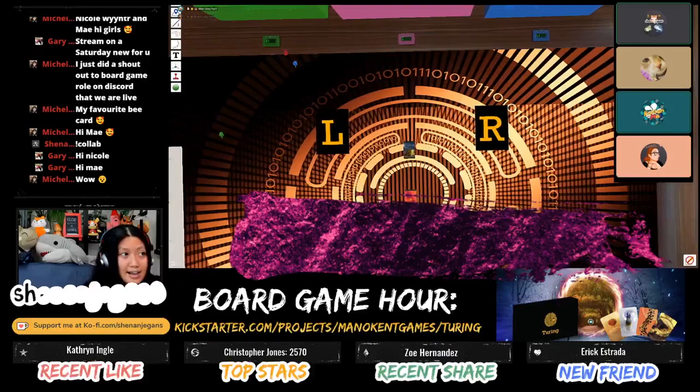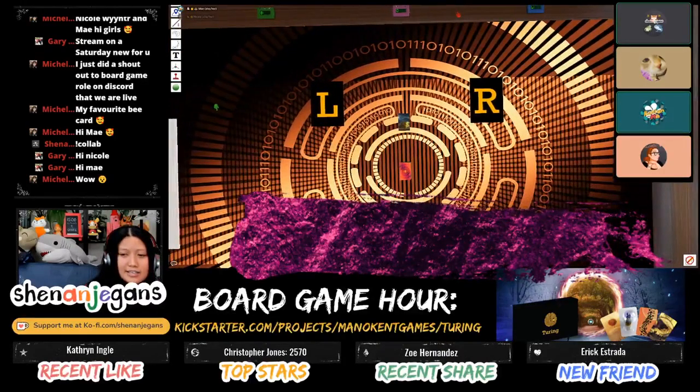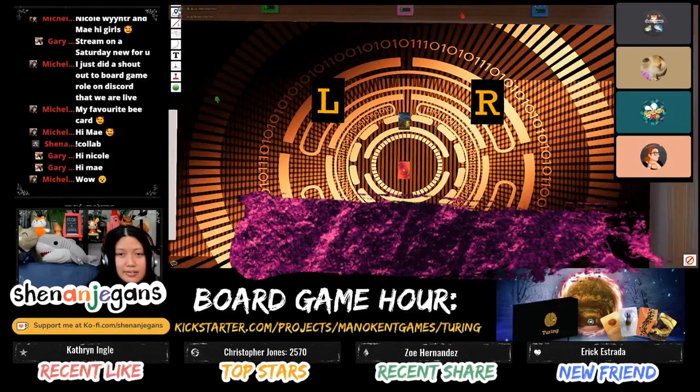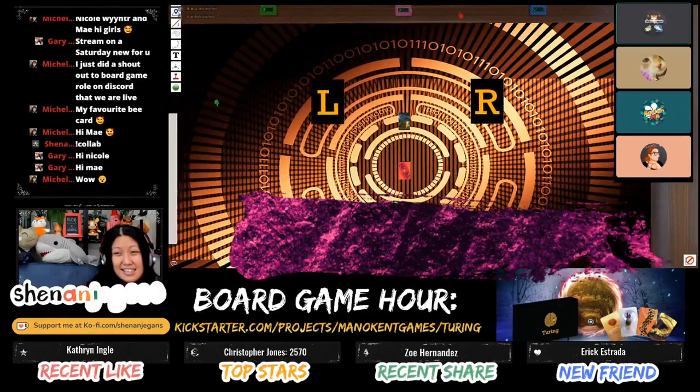Oh, there's a tie. Nicole, and then me and Winter. So there is a tie. So apologies to the designer if this is not correct, but since it says at least one turn and the win condition is the most points, I would just continue taking turns until someone has the most points after everyone has gone.